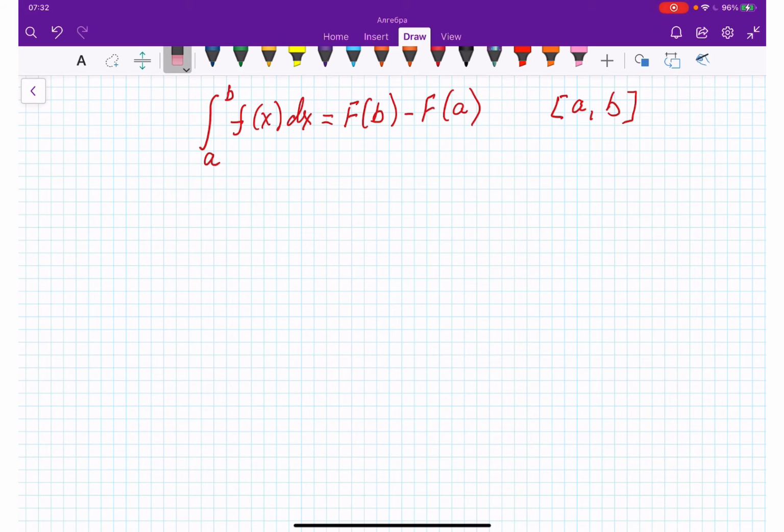However, we have a slightly different situation where the variable x is used not only as a variable of integration, but also as the upper limit of integration. Let's see. So we have the integral from a to x.